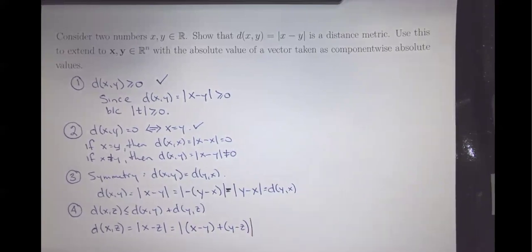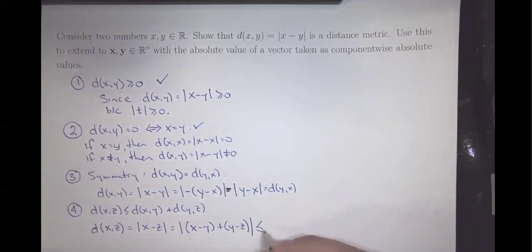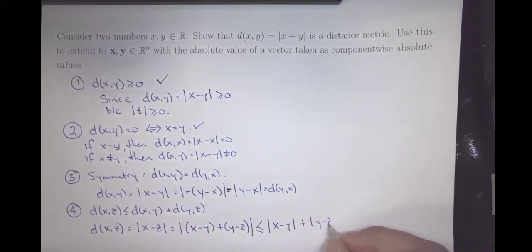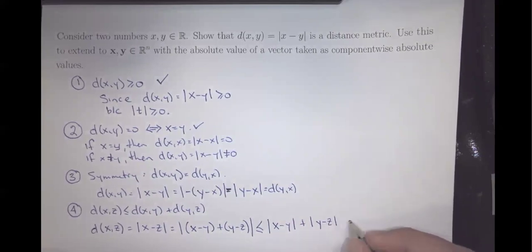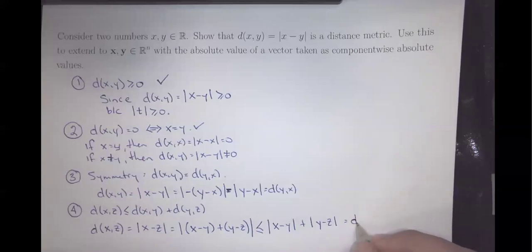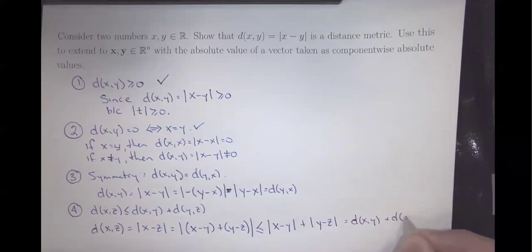But the triangle inequality for absolute values tells us that this is less than or equal to the absolute value of x minus y plus the absolute value of y minus z, which is equal to the distance between x and y plus the distance between y and z.